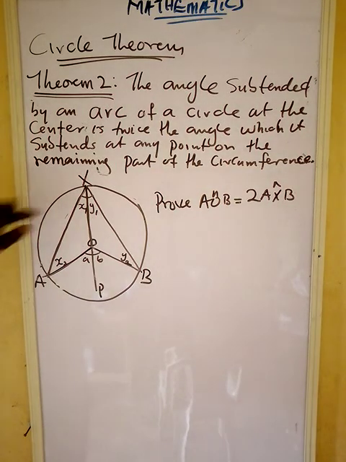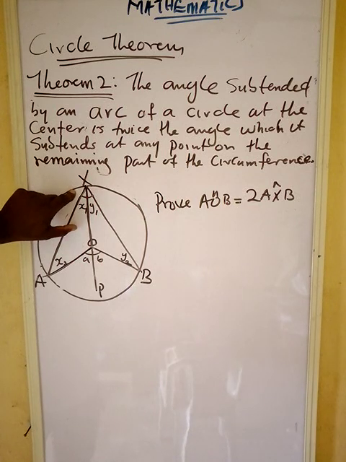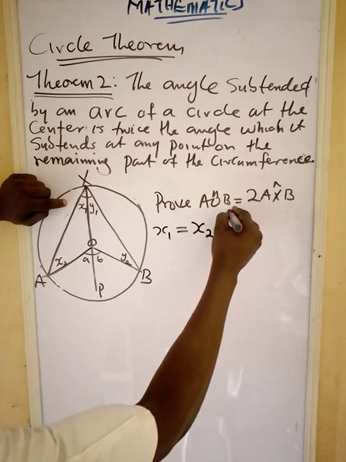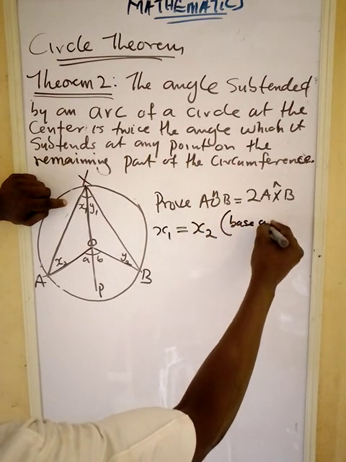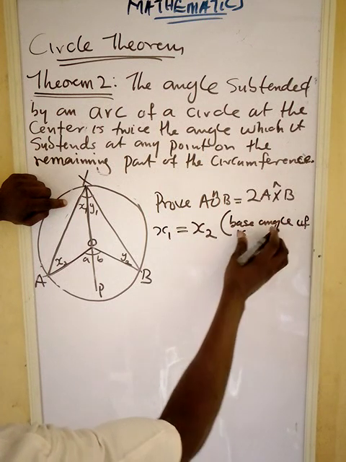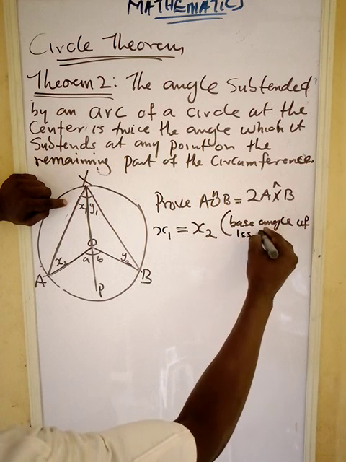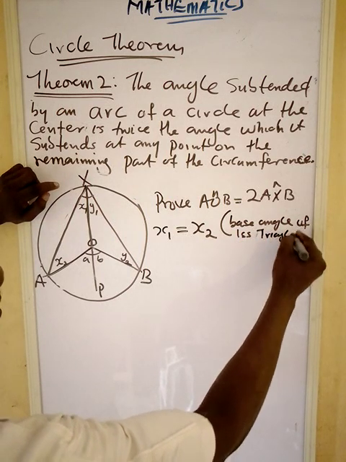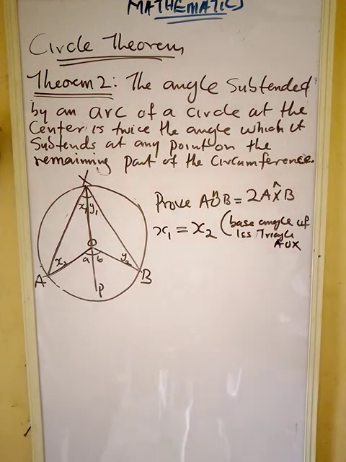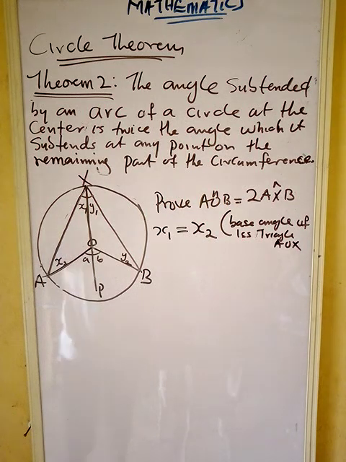So if it is a triangle with two equal sides, that means x1 is equal to what? x2. Base angles of isosceles triangle AOX. So x1 is equal to x2, base angles of isosceles triangle AOX.